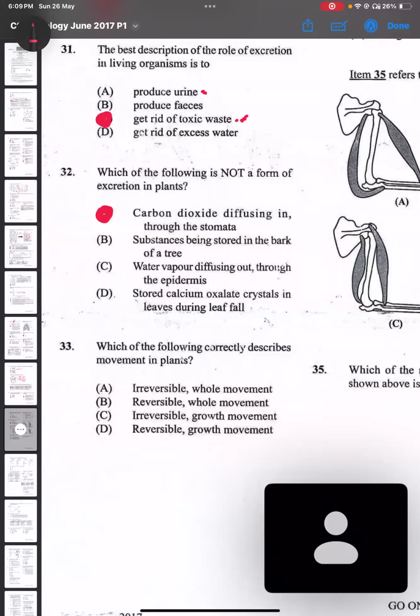So remember reversible and irreversible. What are we considering as an answer? Reversible or irreversible? Is the growth movement reversible? Are we not sure based on that question? So Joshua said the growth is not reversible.